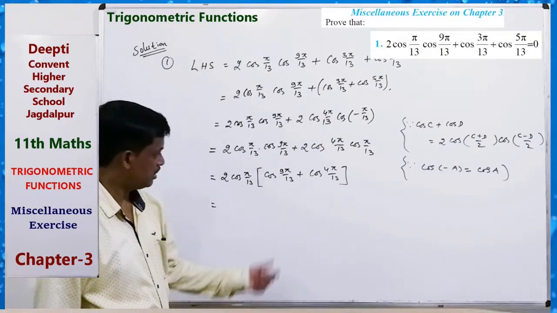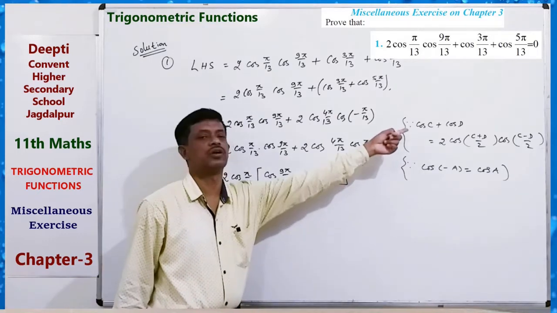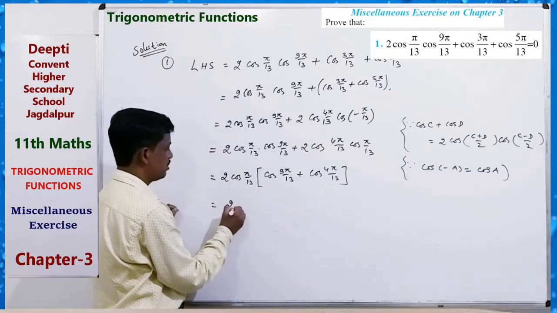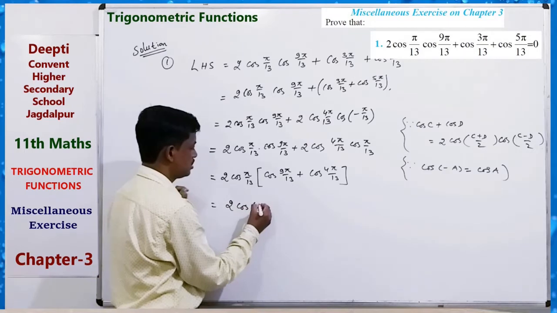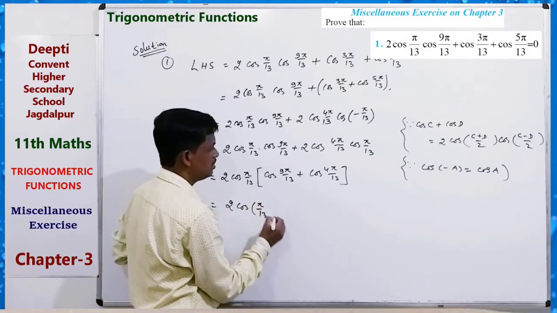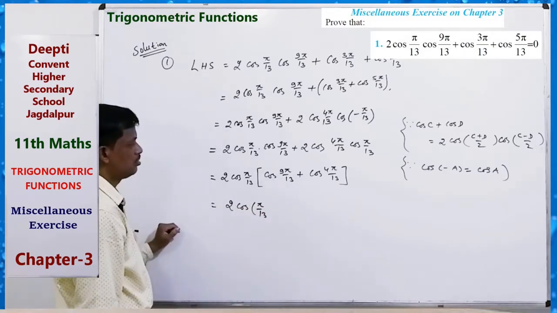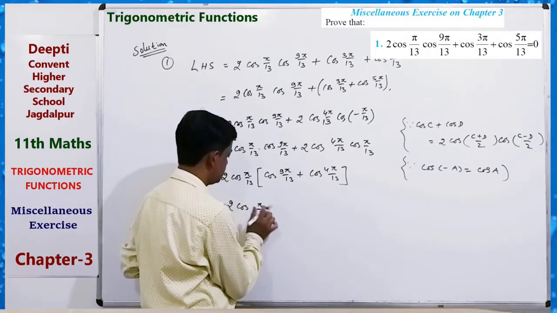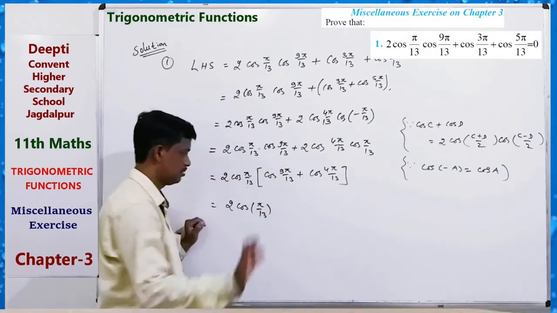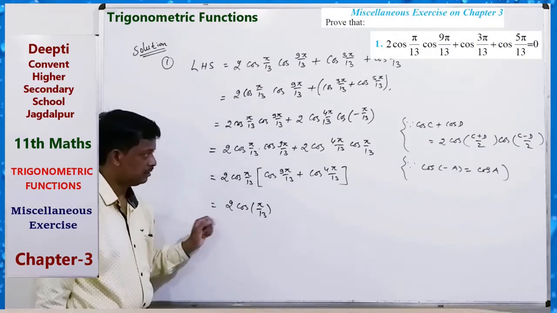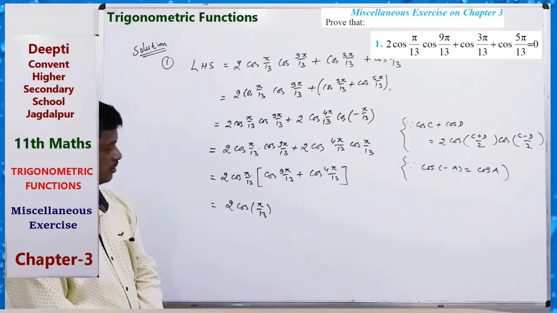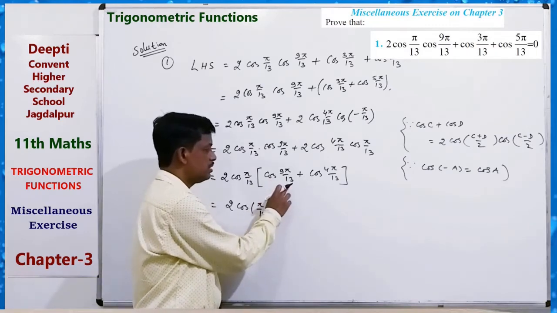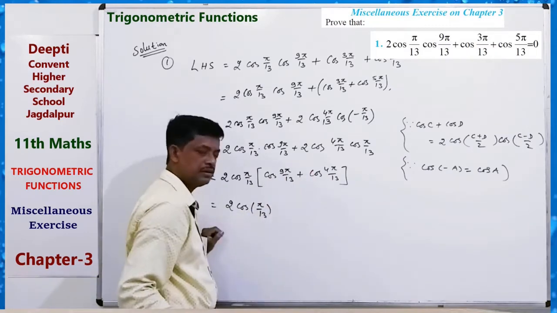Now here again we apply the cos c plus cos d formula, so we can apply it like this with cos 9 pi by 13 and 4 pi by 13.